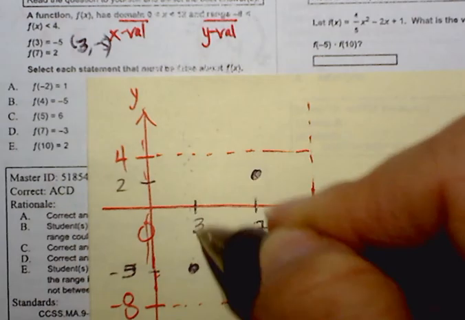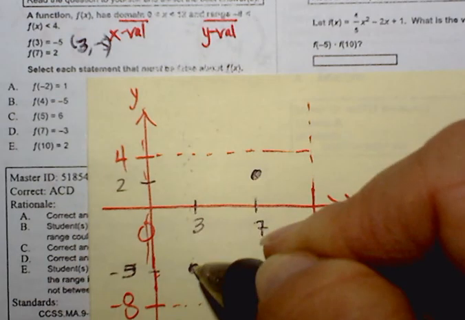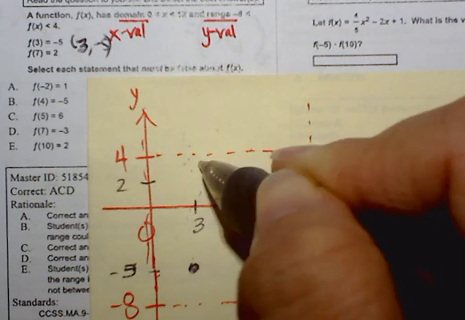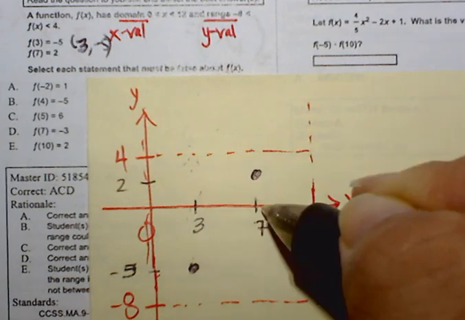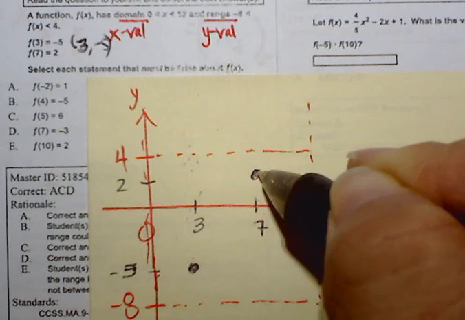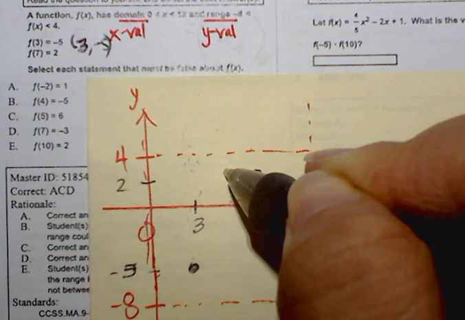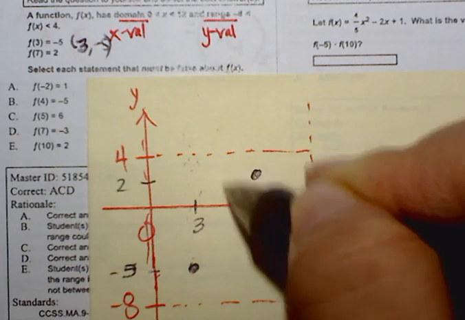If I input 3, can I have an output of -5 and an output of 4? No. If I input 7, can I have an output of 0? No, because I have an output of 2 already. Can I input 5 and get an output of 2 again? Yes. Different inputs can have the same output, but for every one input, you should only get one output.